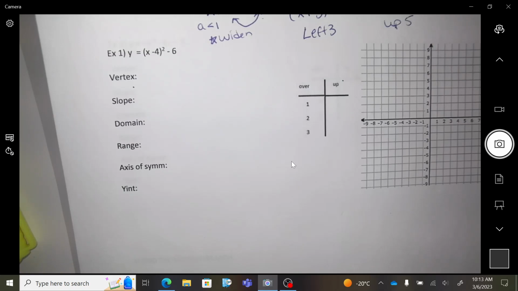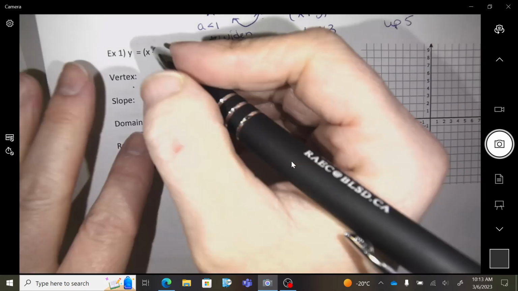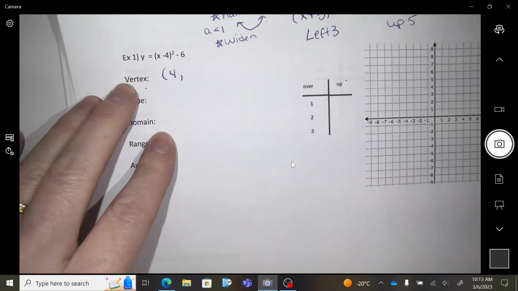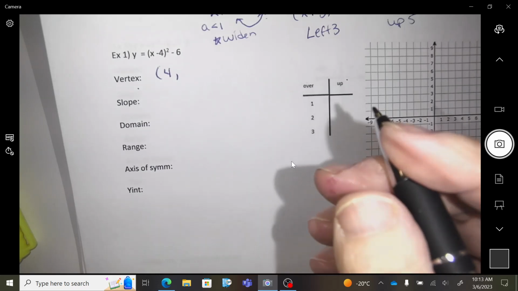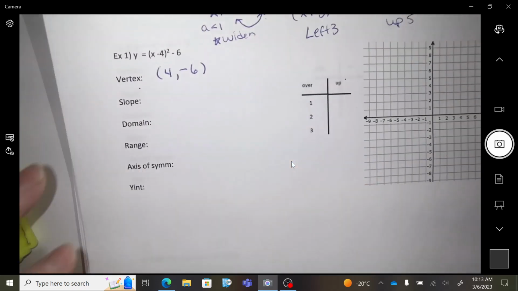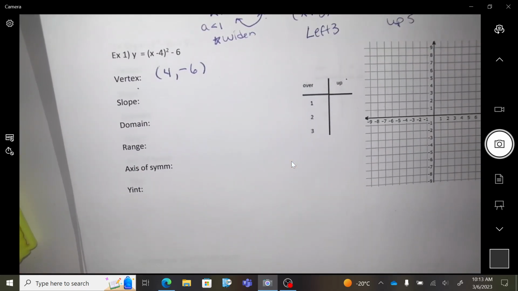The 4 part comes first because it's connected to the x. Is it the same or the opposite 4? Opposite, so positive 4. Then the 6 part comes next. Is it the same or the opposite when you write? Same.